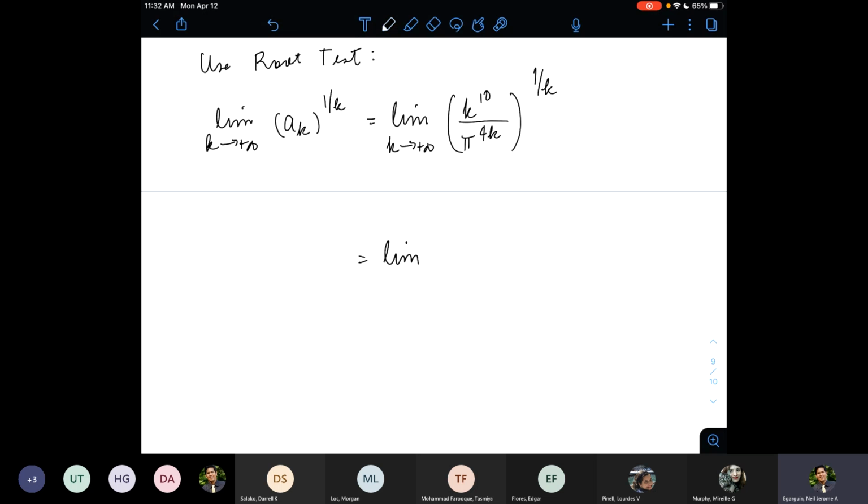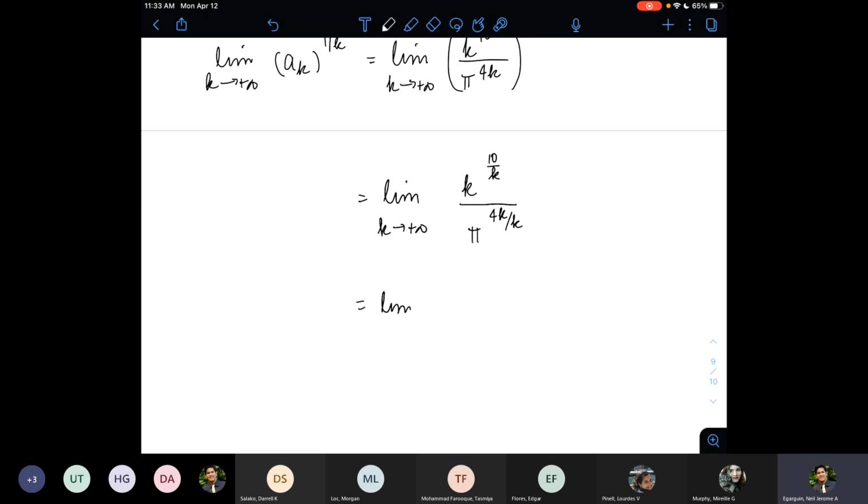For the top, I'll have k to the 10 over k. In the bottom, I'll have pi to the 4k over k, as k approaches infinity. Then I'll have the limit of k to the 1 over k, raised to the 10th. I'll tell you later why I write it this way. I'll just reorder the powers. In the denominator, I'll have pi to the 4th.